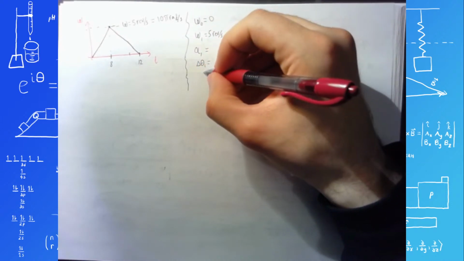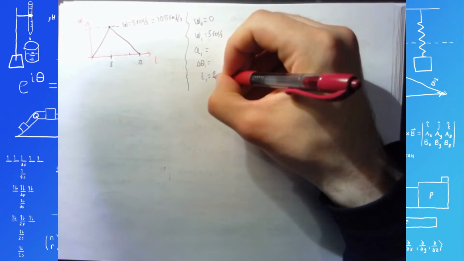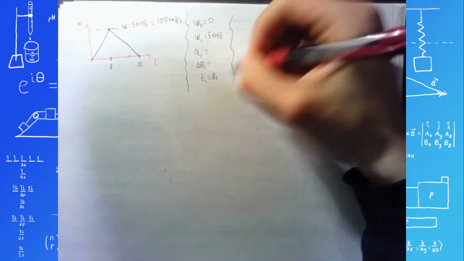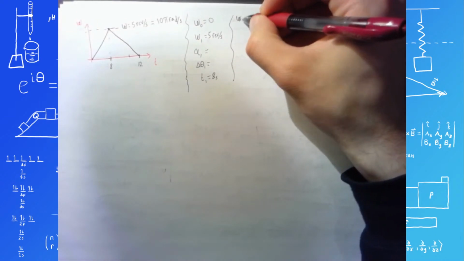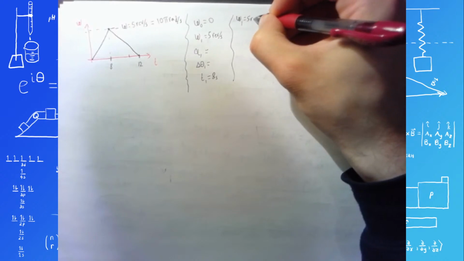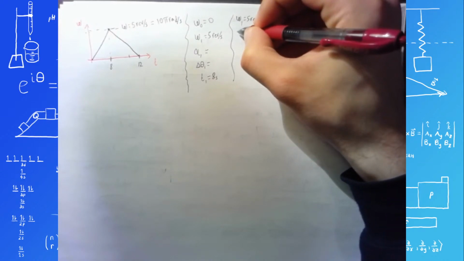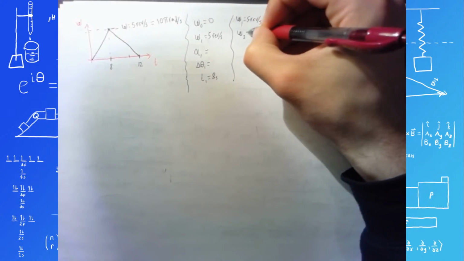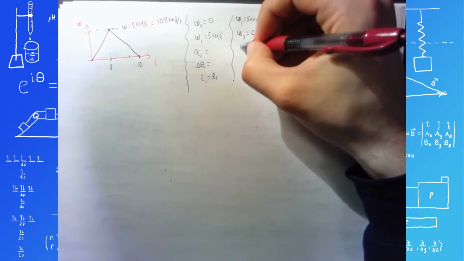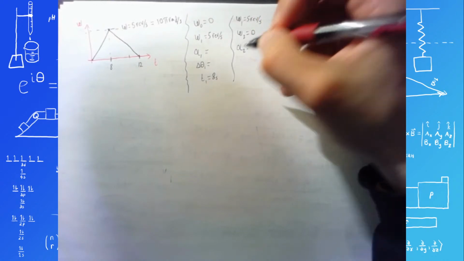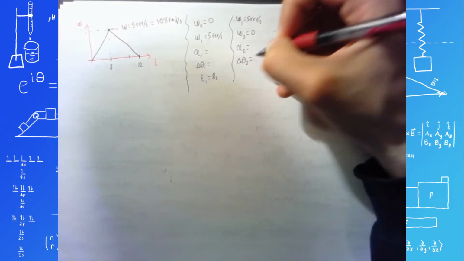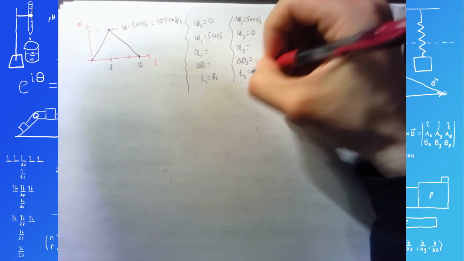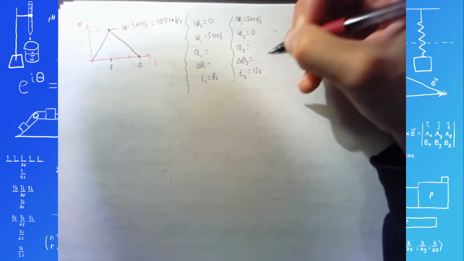And time 1, we do know, is 8 seconds. And then for the second phase, omega 1, which is 5 revs per second, omega 2, which is 0, alpha 2, which we don't know, but we expect it to be negative, and delta theta 2, we don't know, and t2 is 12 seconds.